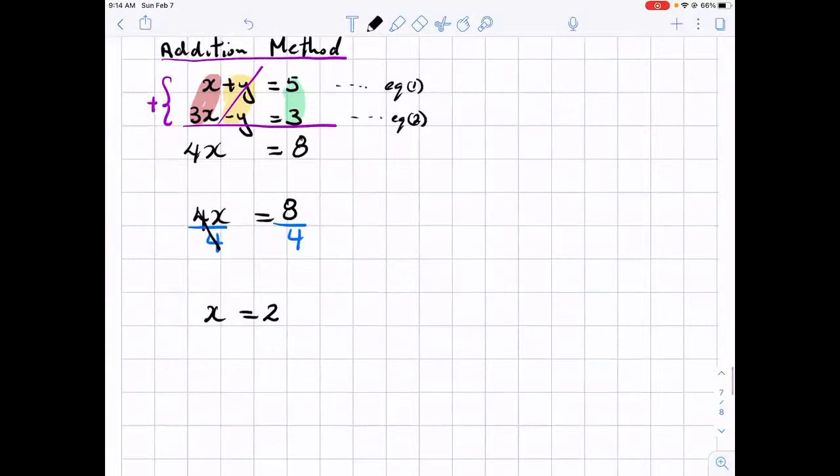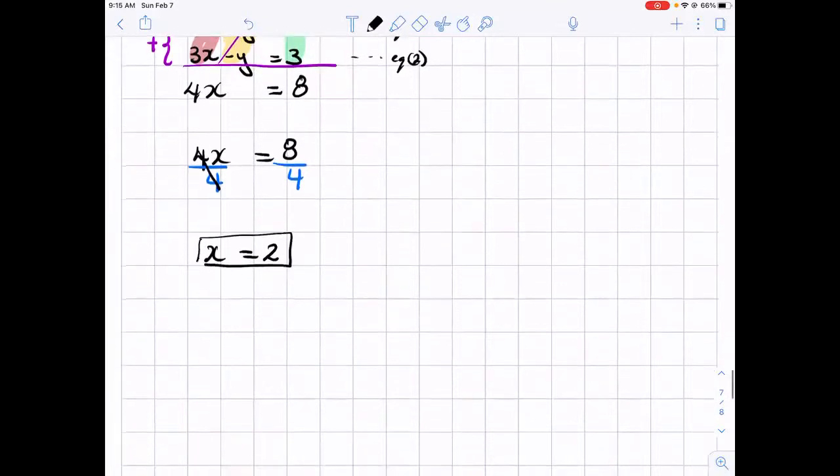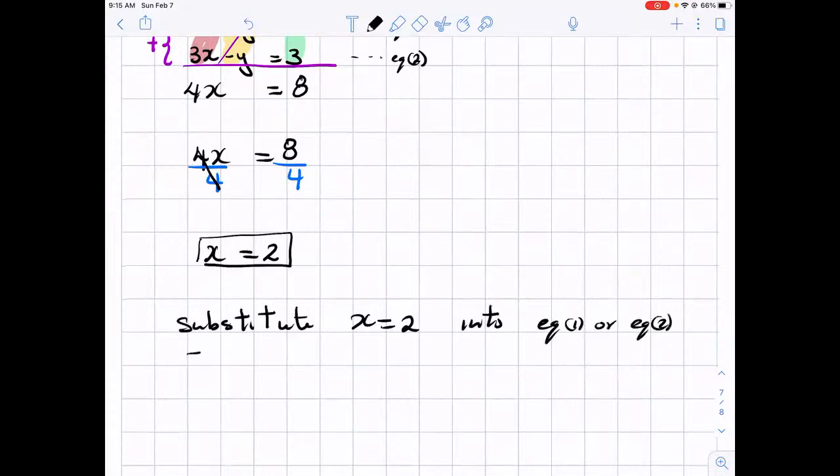If x is 2, what I can do now is substitute x equal 2 into equation 1 or equation 2 to find y, to find the value of y.